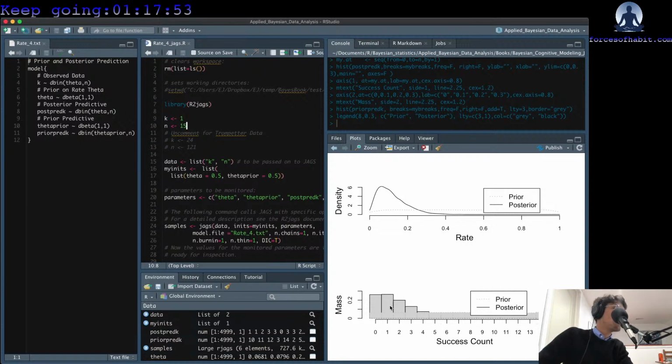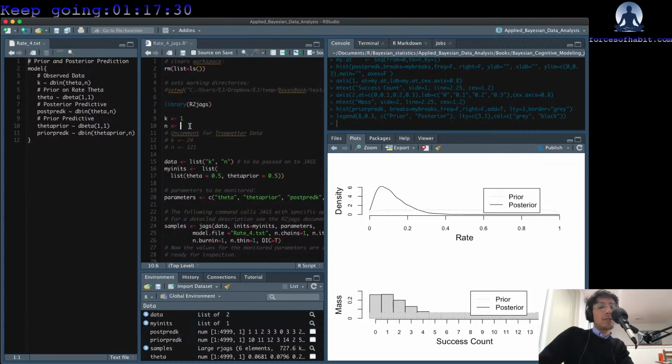So the information from the model tells us that we can have up to 15 possible successes, right? Because we have 15 trials.